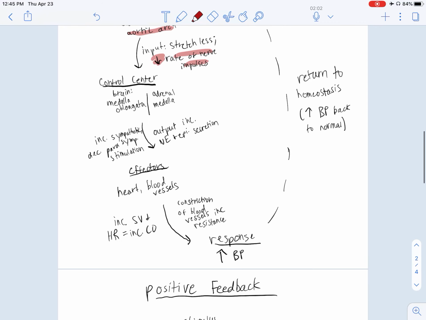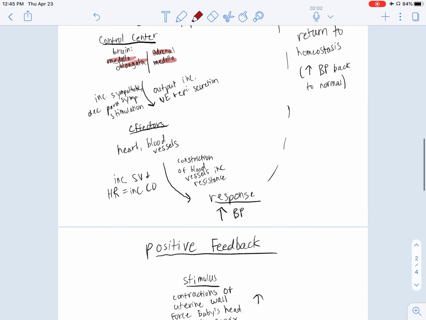The control centers are the medulla oblongata in the brain and the adrenal medulla. These both act and have different reactions. Your medulla oblongata is going to have an increase in sympathetic stimulation, but a decrease in parasympathetic stimulation. And then the adrenal medulla is responsible for increasing norepinephrine and epinephrine secretion.